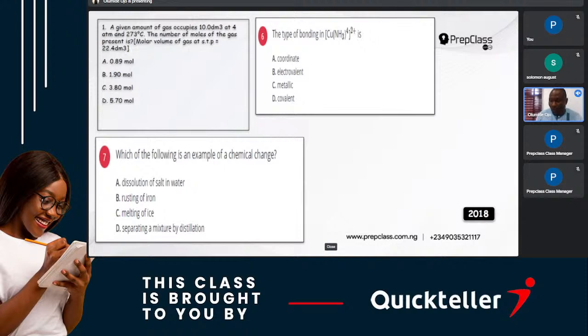I told you the number of mole is volume over GMV, the gram molar volume, which is 22.4 dm cube at STP. So it is 10 times 2 over 22.4, which is 20 over 22.4. What is 20 divided by 22.4?